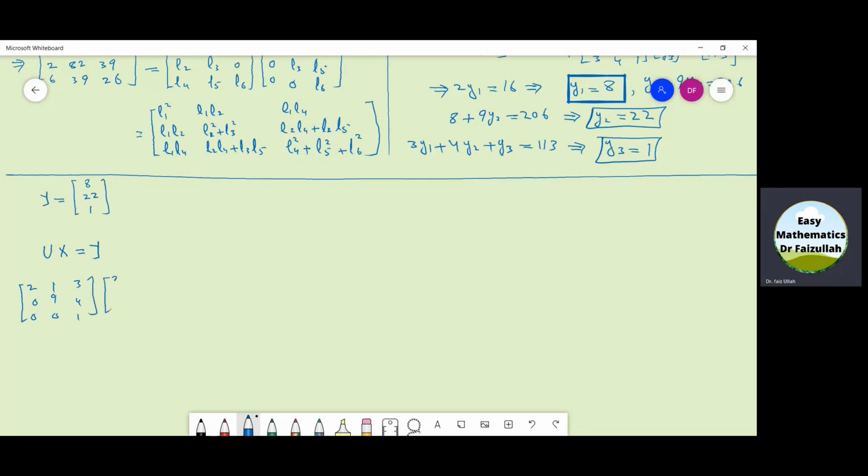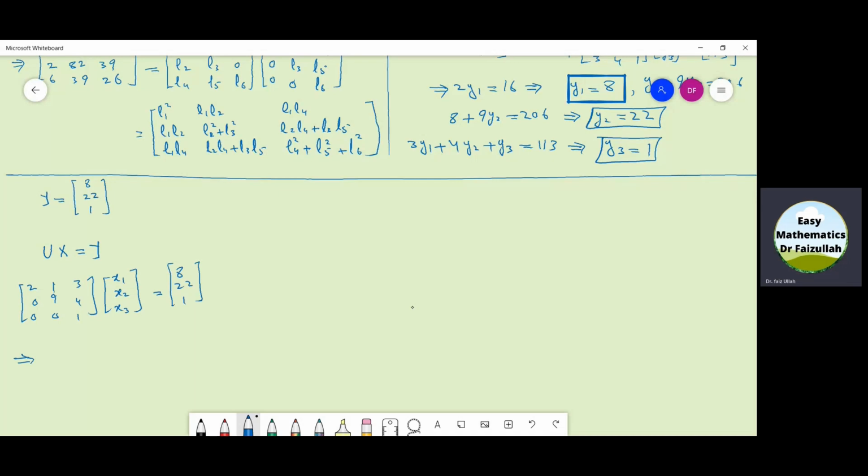And x is x1, x2, x3. This is equal to y, which is 8, 22, and 1. Let us solve this system now.